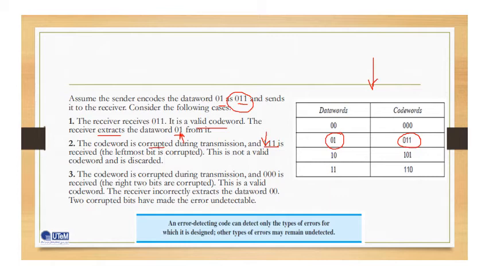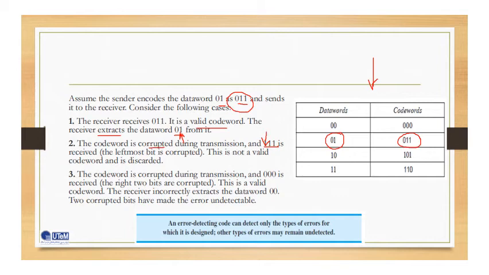When the receiver receives 111, it will check with the code word table. 111 is not in the list. So what action will be taken by the receiver when the received code word is not in the list? The code word will be discarded by the receiver. That is the second case.